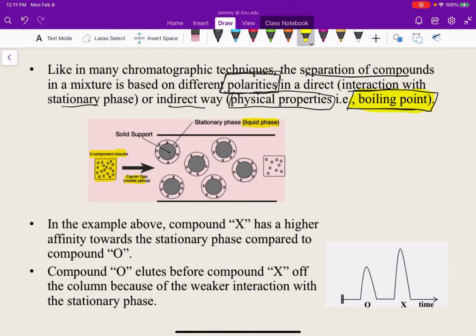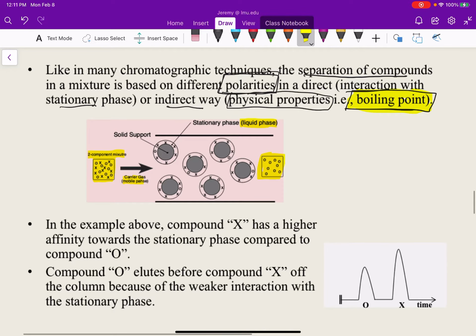So in this example, our component O probably had a lower boiling point, which means it is more of a gas, so it is not interacting with this solid support stationary phase as much. We only have a little bit of O interacting, so a lot of our O is moving forward first. So that probably has a lower boiling point, it's more of a gas, and then O will elute out first.